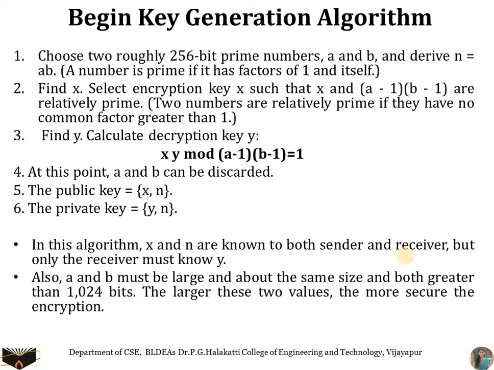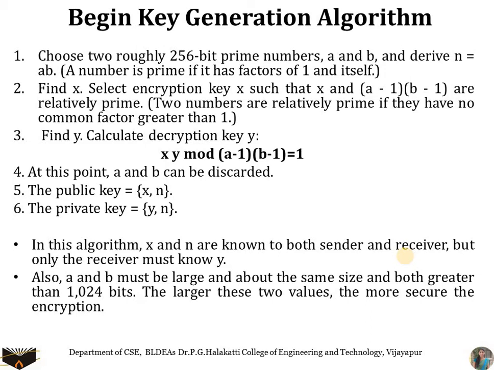So we are going to find the value of x, the encryption key, that is the public key of the receiver. We find it using the previously chosen prime numbers A and B, through (A-1) and (B-1), which help to find the value of x.